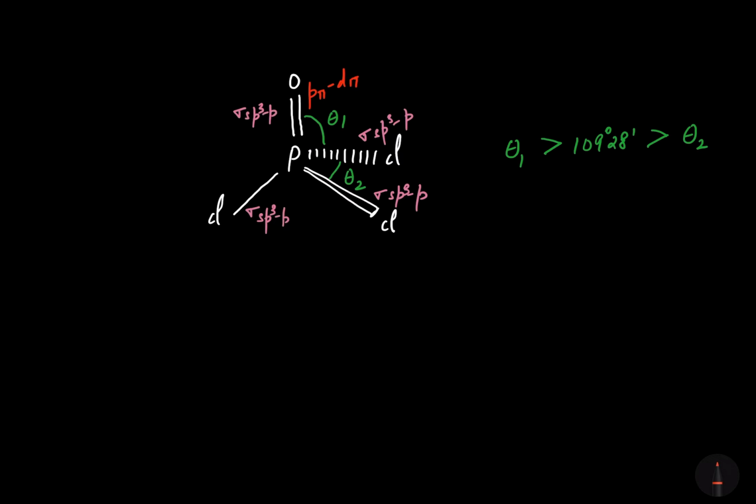So that's all about the hybridization of phosphorus in phosphorus oxychloride, in which there is formation of 4 sigma bonds of the same type and 1 pi bond, that's p pi d pi. I hope you all understood today's lecture.